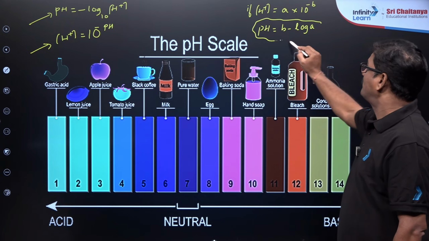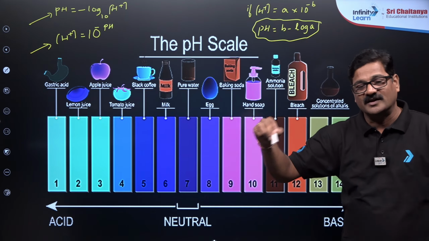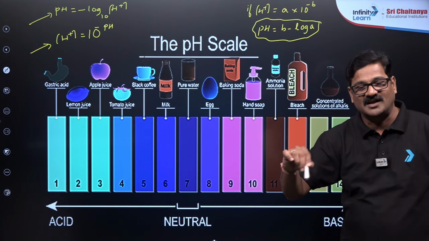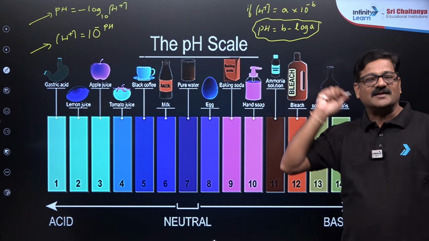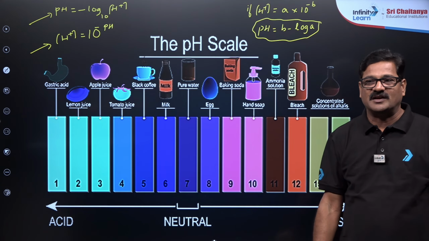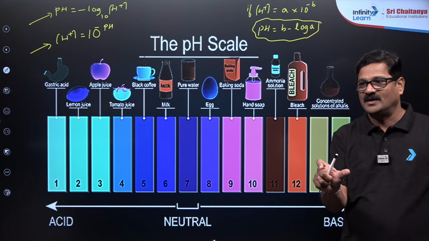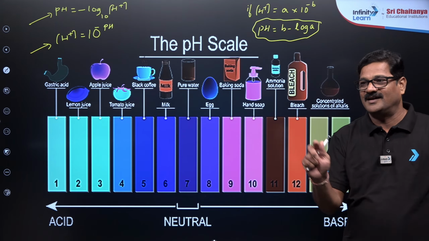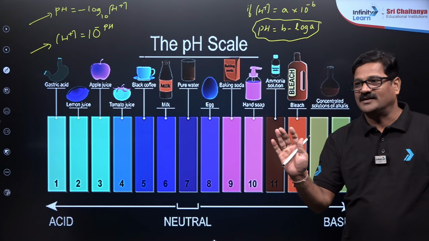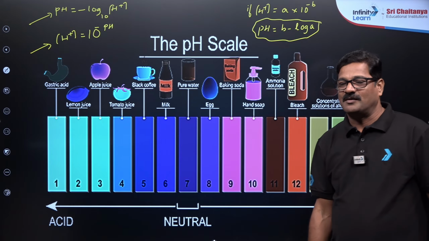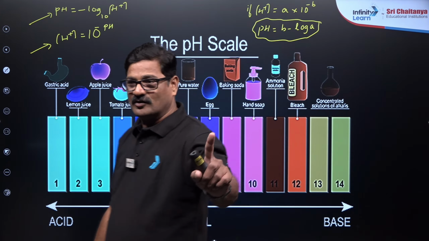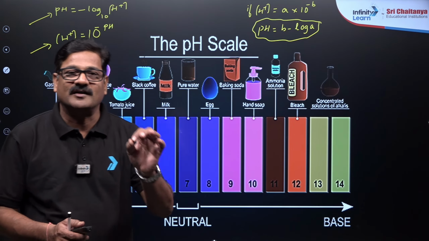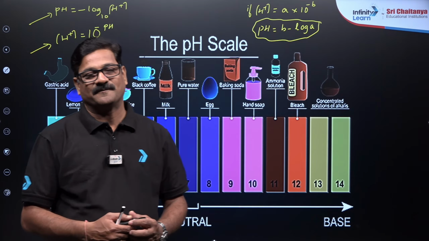So this is a super awesome trick. You can do it for any pH, pOH, pKa, pKb, anything. You have to write it in the A into 10 power minus B format. Everybody follow this trick so you can do simple calculation.